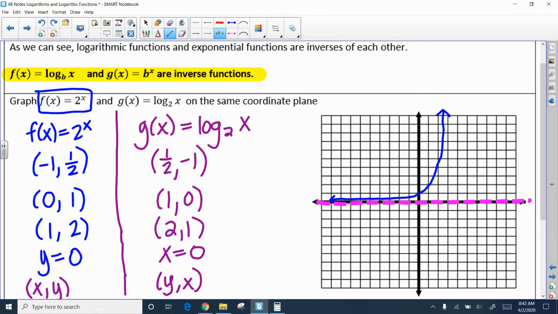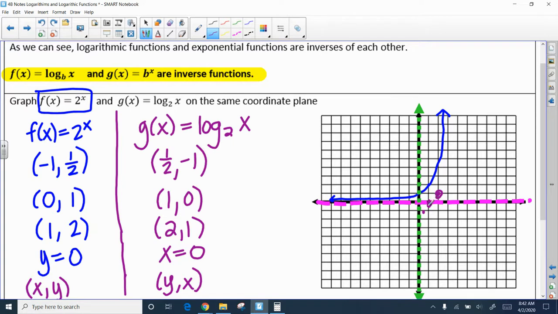Let me get a line for our asymptote. This time the line is a vertical line. So a logarithmic function has a vertical asymptote at x equals 0. And then our points, we have a point at (1/2, -1), (1, 0), and (2, 1).